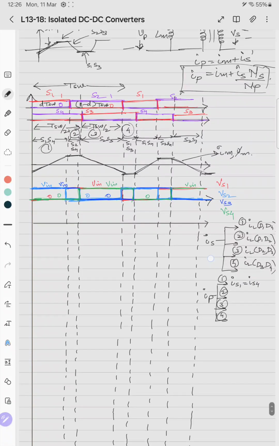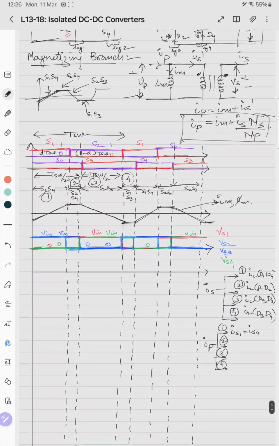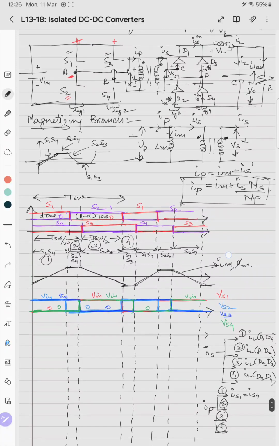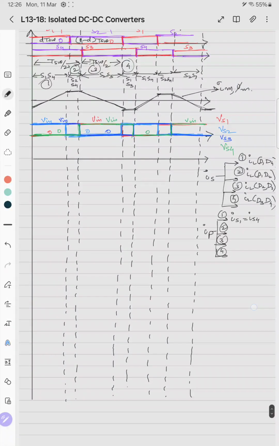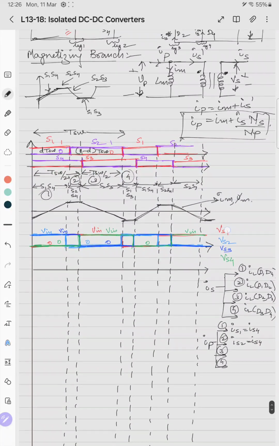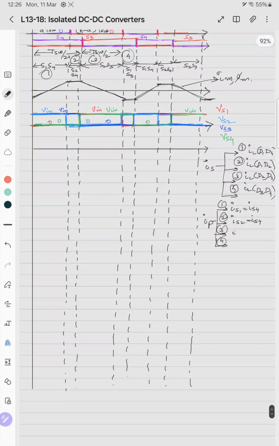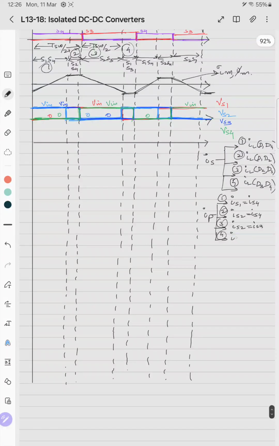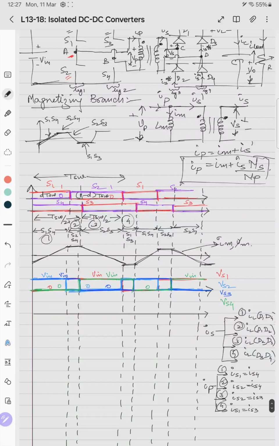For case 2, it is S2, S4, so IP is IS2 equals IS4. For case 3, it is S2, S3, so IS2, IS3. And for case 4, it is S1, S3, so IS1 equals IS3, which is a freewheeling current.